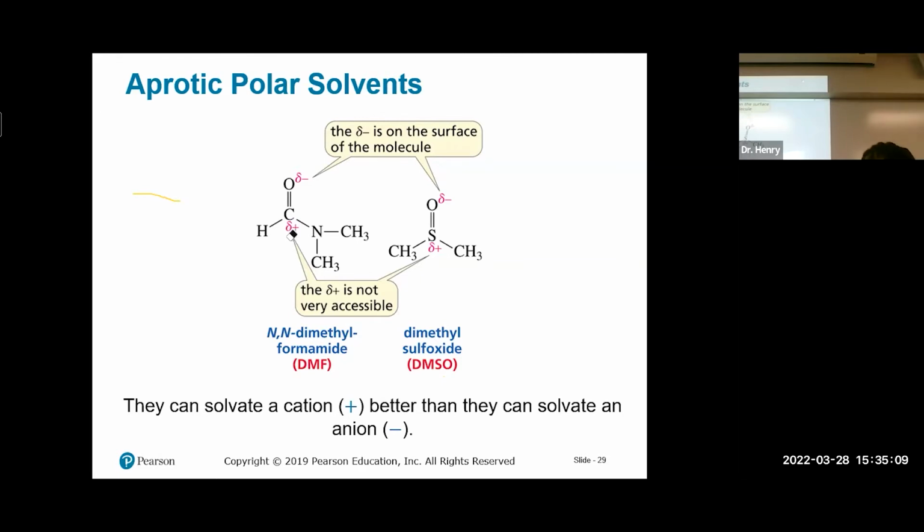So we're going to have less accessibility at these points than there. Again, steric hindrance is going to play a part in that.